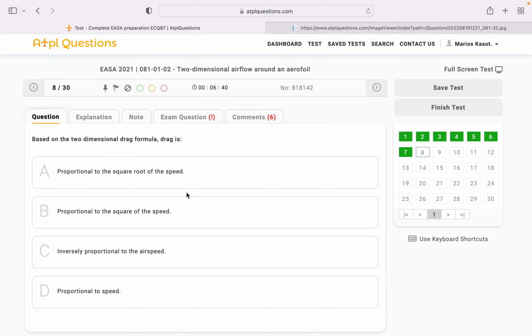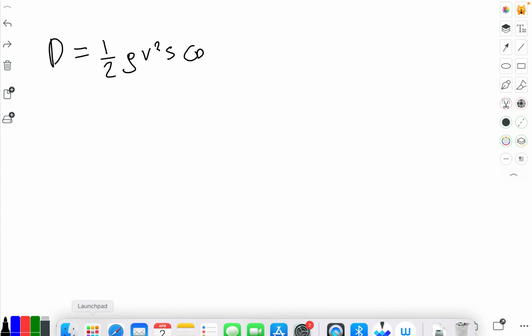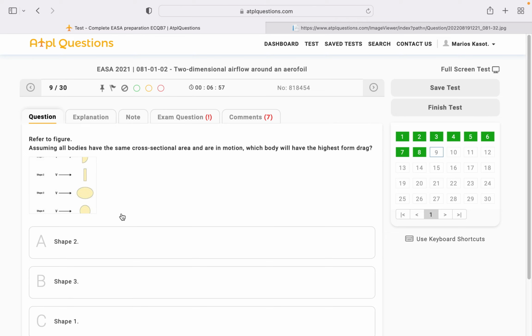It is proportional to the square of the speed, according to our formula. I was going too fast and I was ready to press A, but no, it's B. We must be very careful because it may seem easy sometimes and we may get tricked.